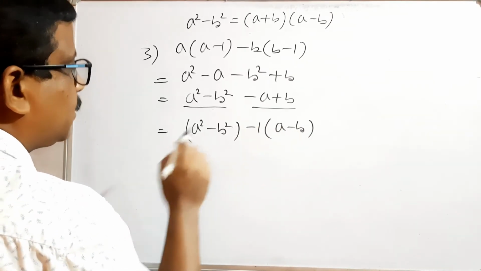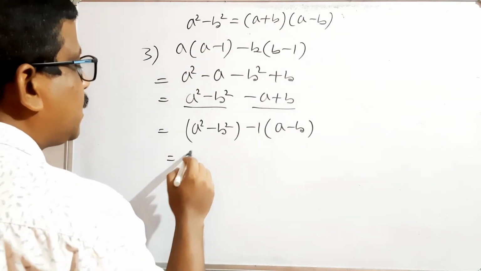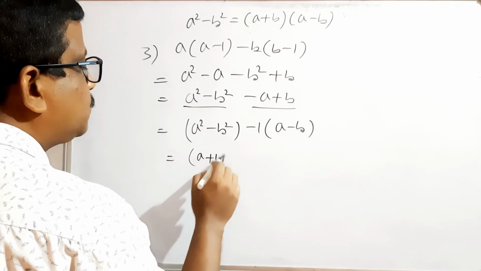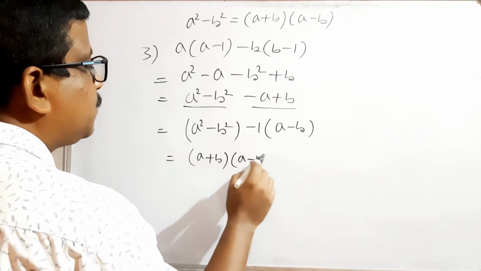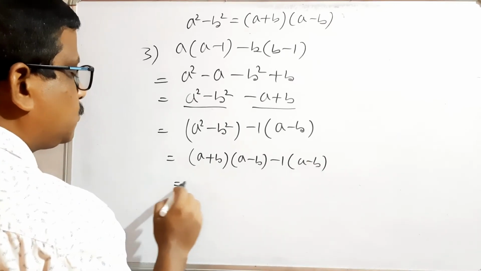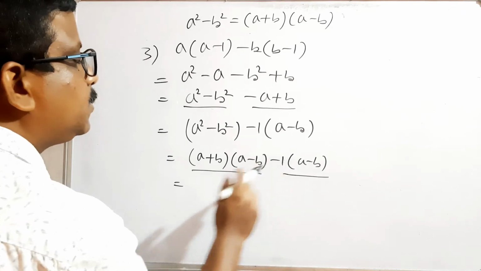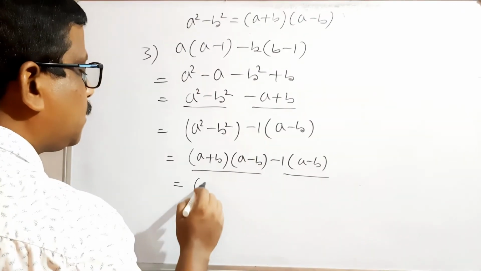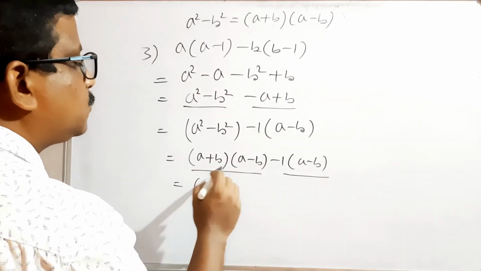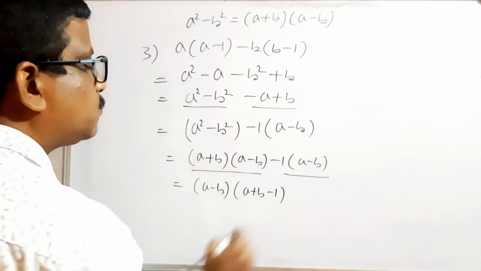Here a square minus b square, what is the formula? a plus b into a minus b. Write it here: a plus b into a minus b, minus 1 into a minus b. So this is one term, this is one term. In between these terms, what is common? a minus b. So what is left? a plus b minus 1.